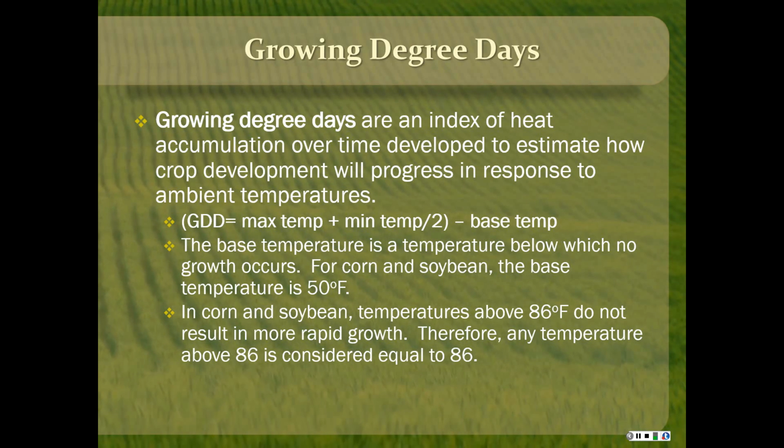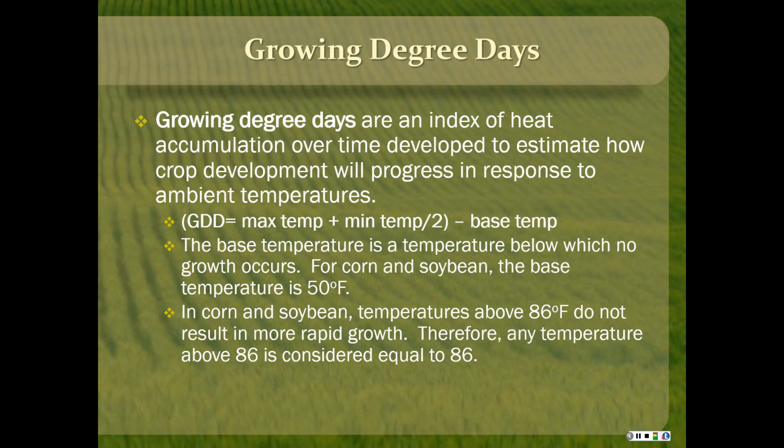And so the equation for growing degree days, this would be for each day, is: you take the maximum temperature and the minimum temperature for the day, just the high and low temperature for the day, add them together, divide that by 2, and then you subtract a base temperature, and that's different for each species.